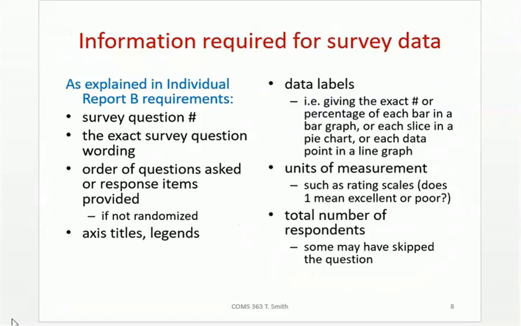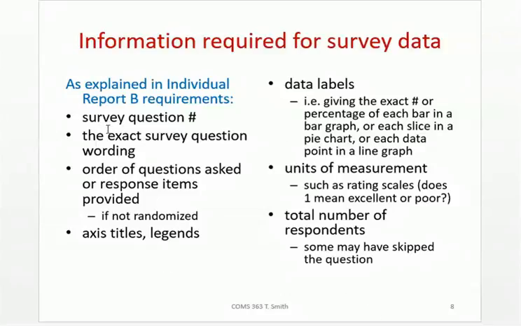Now, when we're presenting survey data, it's important to present context. Otherwise, people are not able to interpret the meaning of the data. There are complex elements of context when you're reporting survey data, and it was explained in Report B requirements. This is almost verbatim; I've just bulletized it a bit.